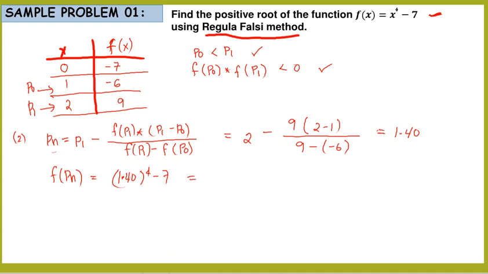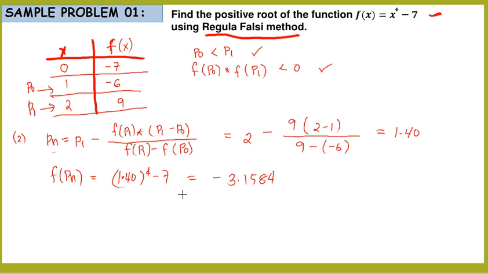That is equal to negative 3.1584. So, dito na tayo magde-decide kung ano yung next value ng P0 and P1 natin sa ating next iteration. Okay? So, this is the first iteration.